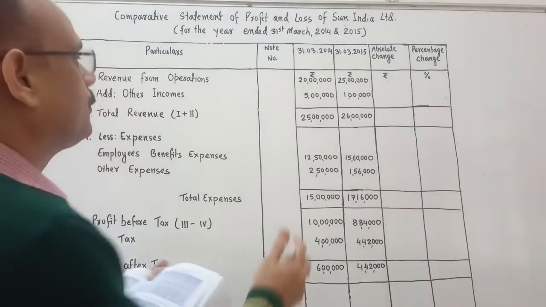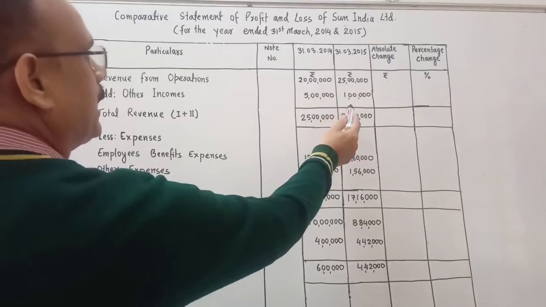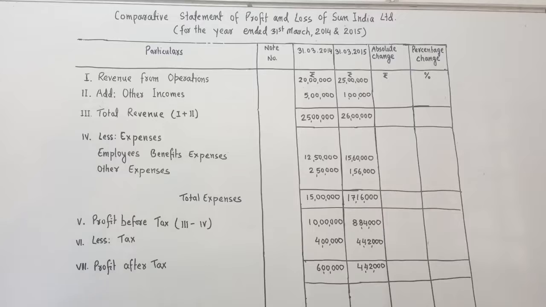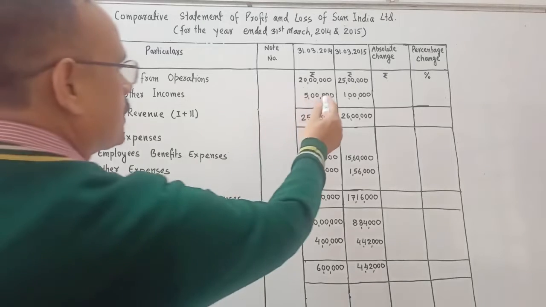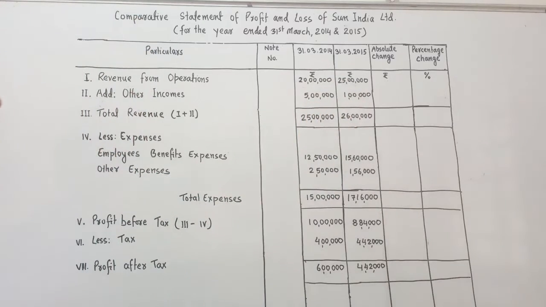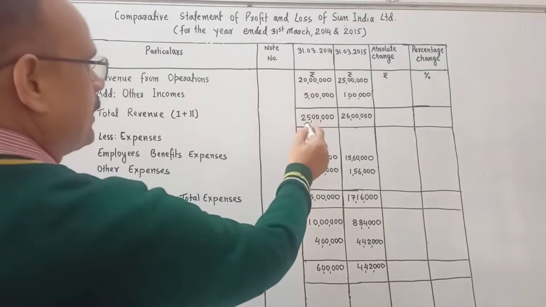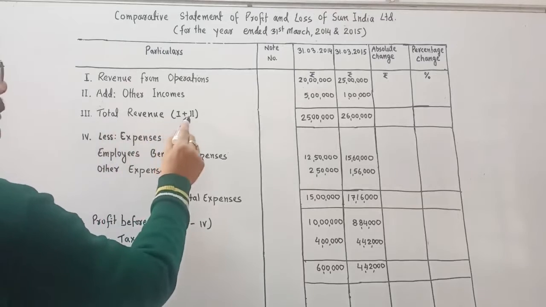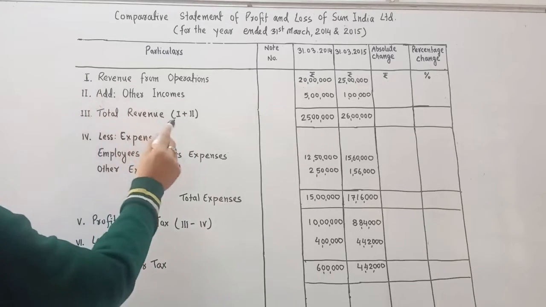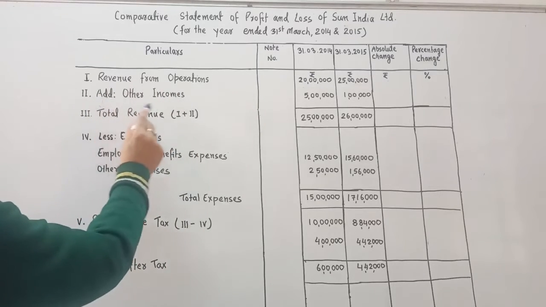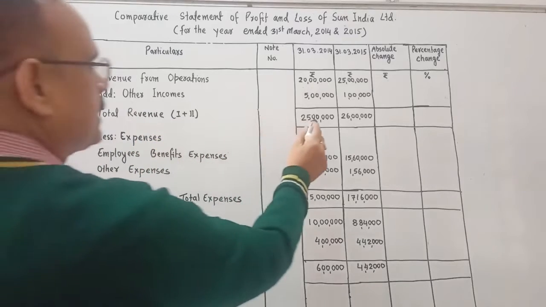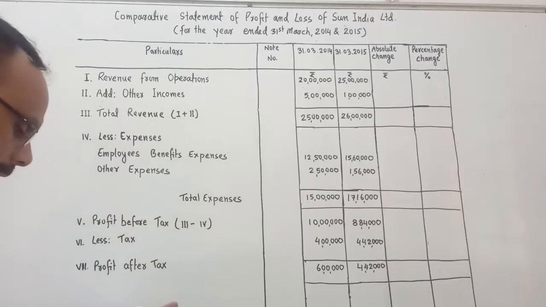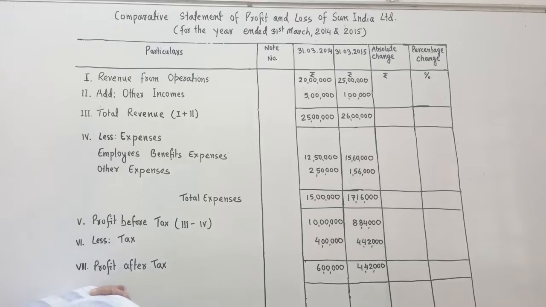In 2014, other income was 5 lakhs, and in 2015, it was 1 lakh. So total is 25 lakhs, and here the total is 26 lakhs. This is the total revenue, 1 plus 2, revenue from operation plus other income. Total revenue.